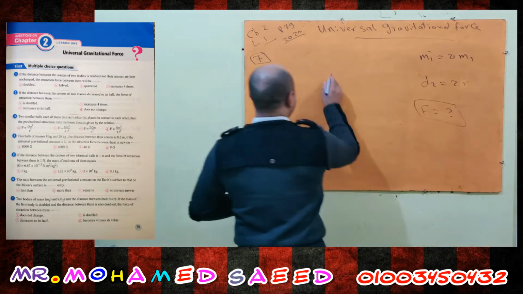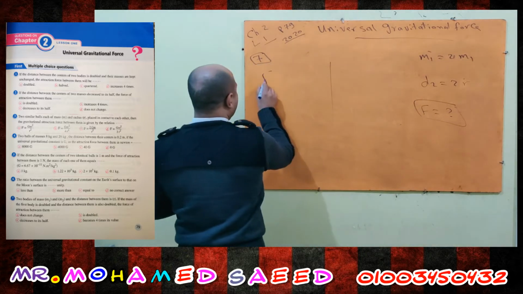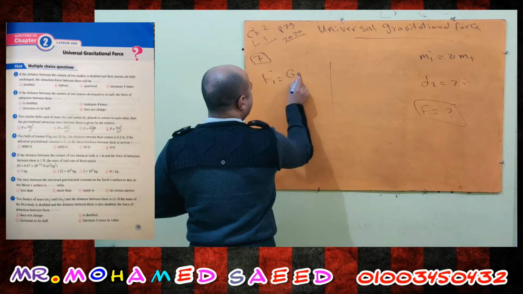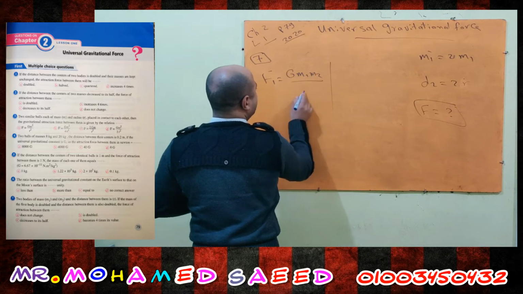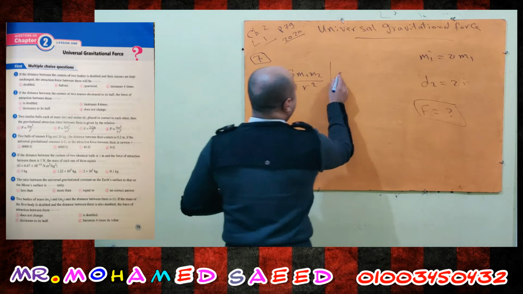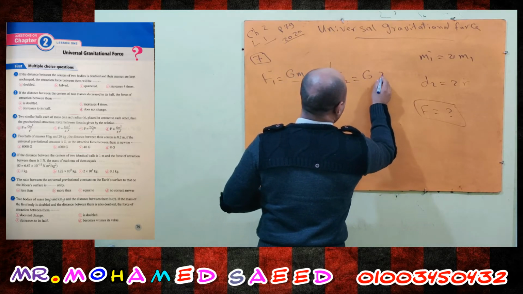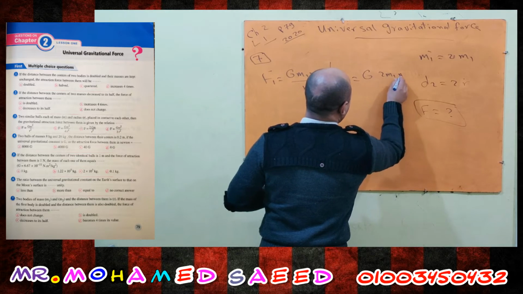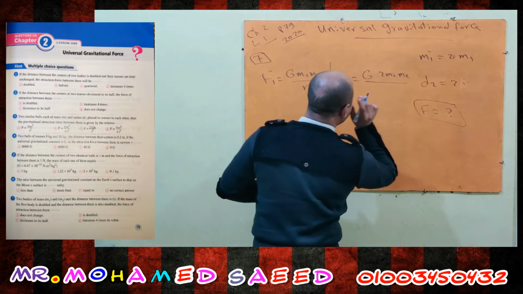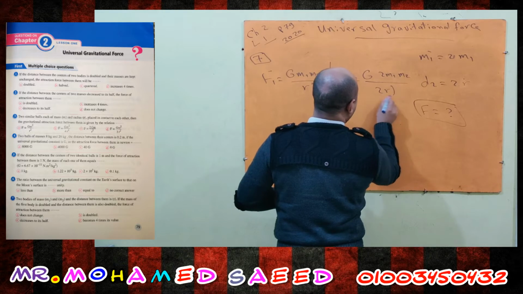Okay. F1 equals G capital M1 M2 over R squared. F2 equals G capital M1 to 2M1, and M2 remains as it is, over D2 equals 2R all power 2.